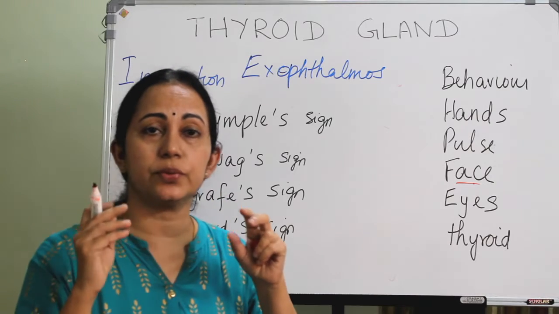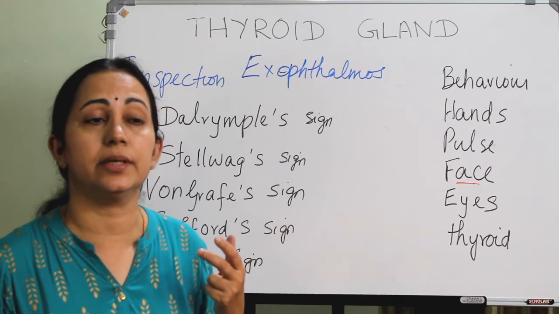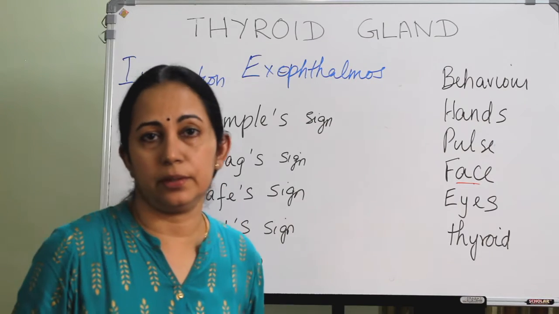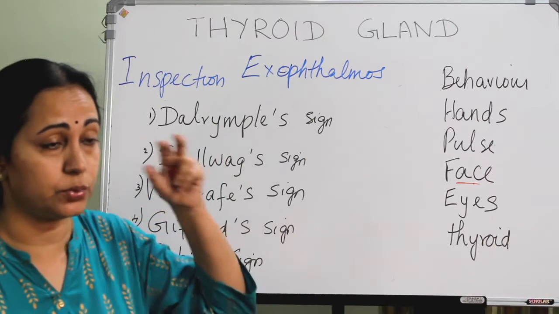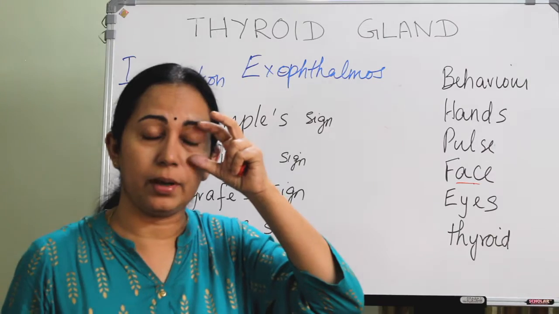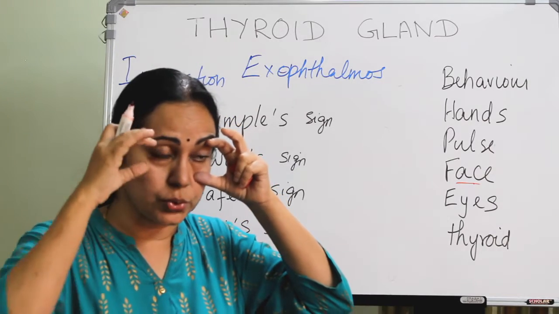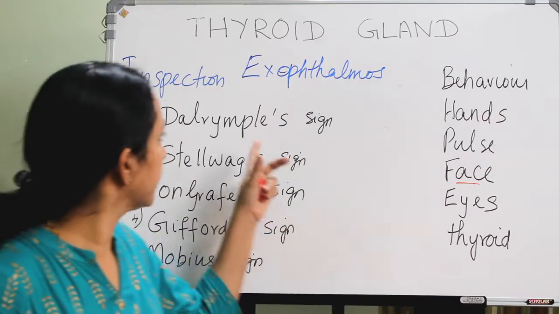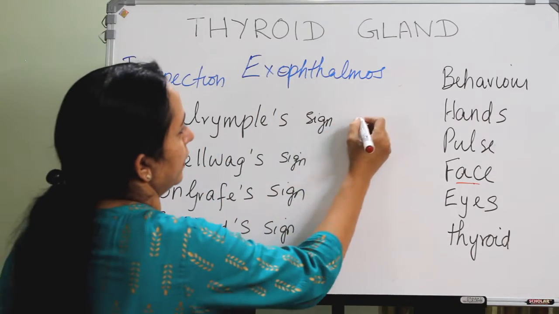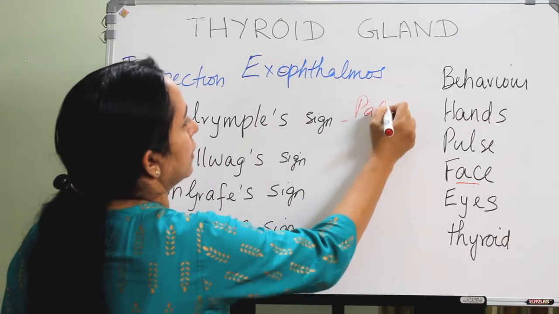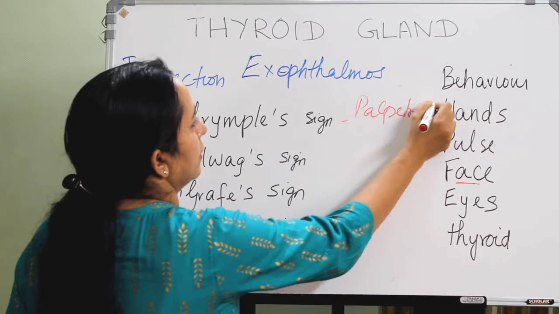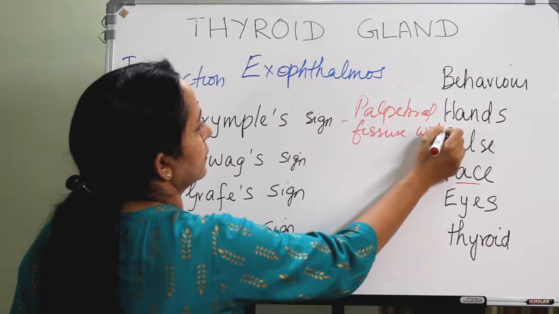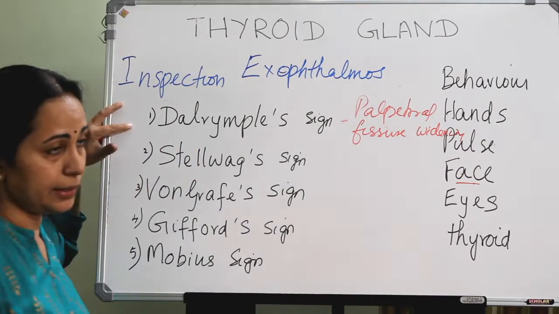I already told you, because of the deposition of connective tissue in the orbit and also in the extraocular muscles, there will be bulging of the eyeball, that is called exophthalmos, and the upper eyelid and the lower eyelid also will be retracted. So there will be widening of the palpebral fissure, and that is called the Dalrymple sign.